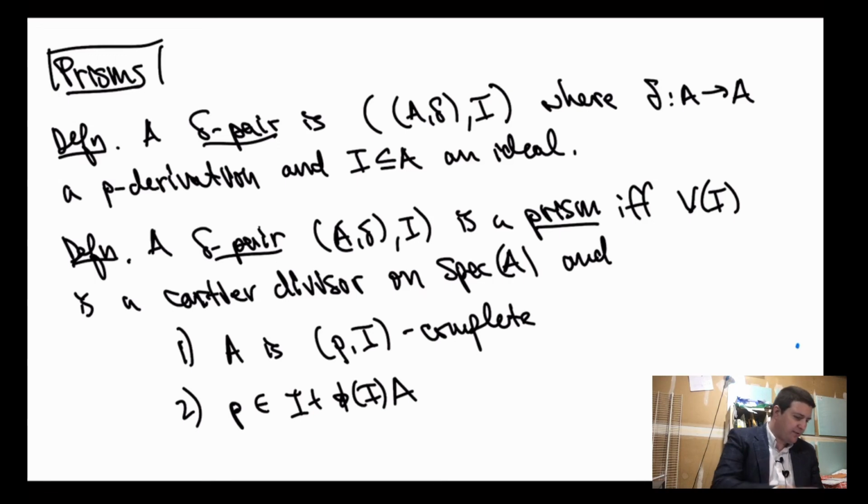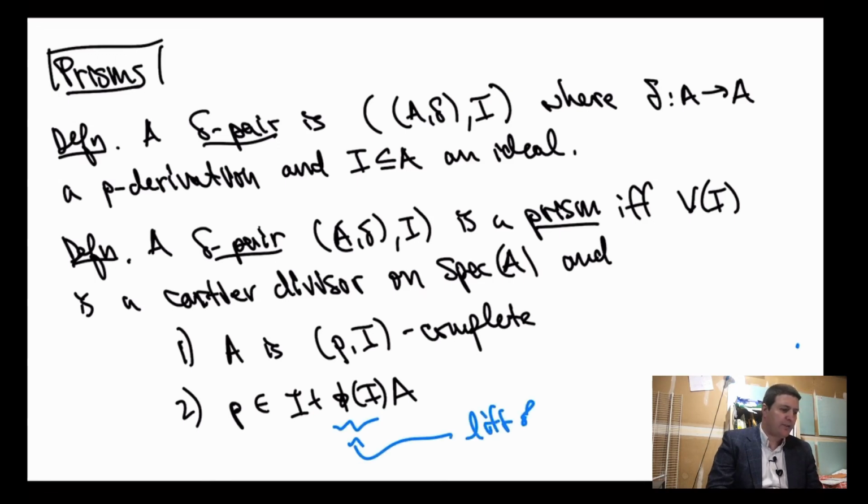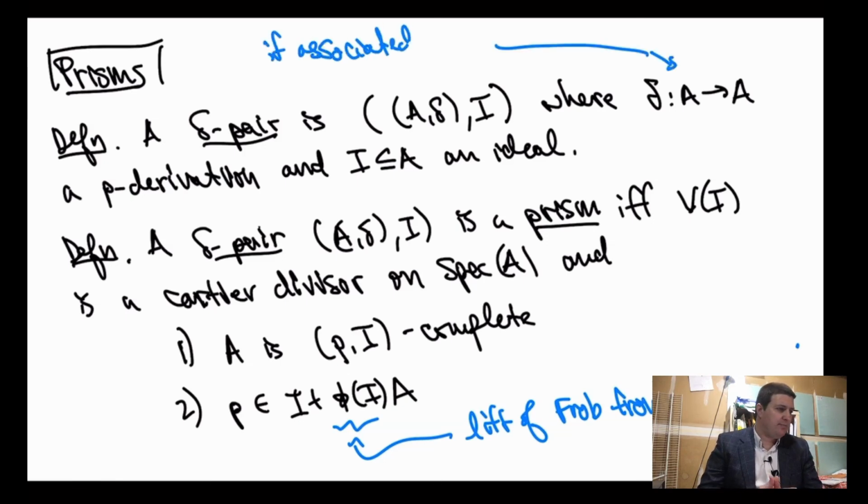But again, this phi here is the lift of the Frobenius associated to a p derivation. So p derivations and lifts of the Frobenius are friends. They're the same. Anytime you have a p derivation, you automatically have a lift of the Frobenius, and if you're p torsion free, then the converse also holds. Okay, one more thing that comes up in their theorem is that this thing's called perfect if the associated lift of the Frobenius is an isomorphism.